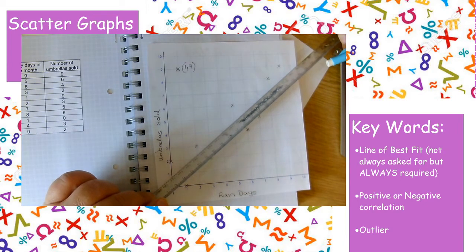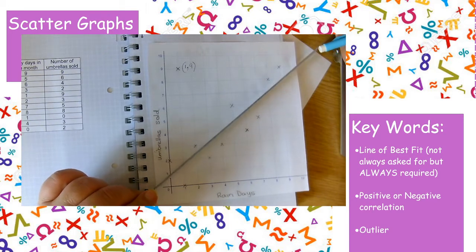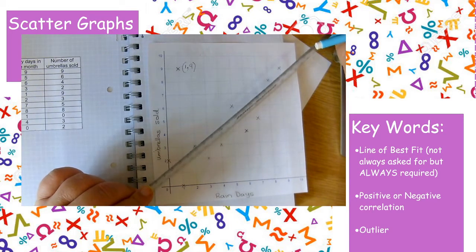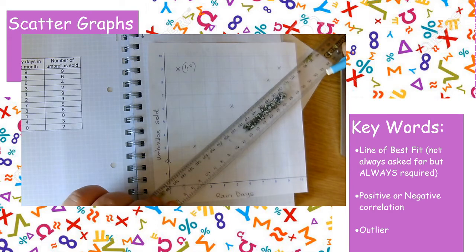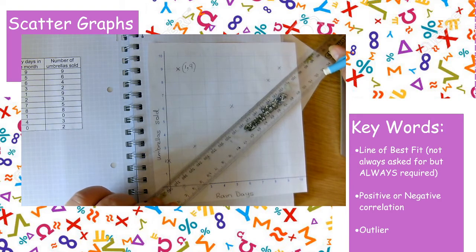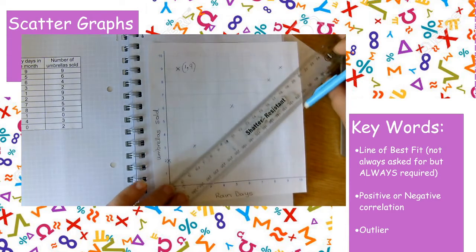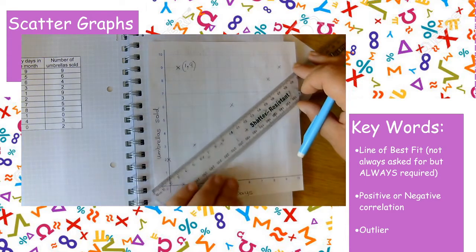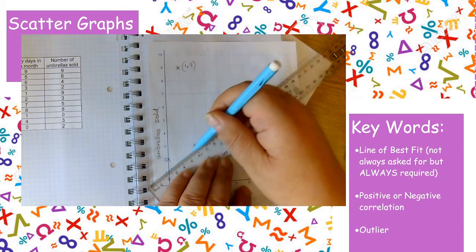You don't need to actually go through any of the crosses, but you want to see approximately the same number of crosses below your ruler or below the line as above. And that to me looks like a pretty good line of best fit. So I'll place my ruler here and I'll draw my line.